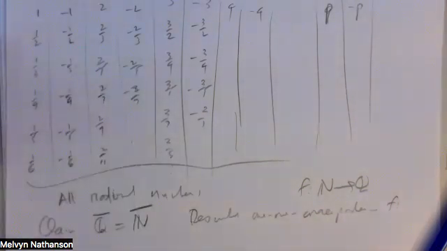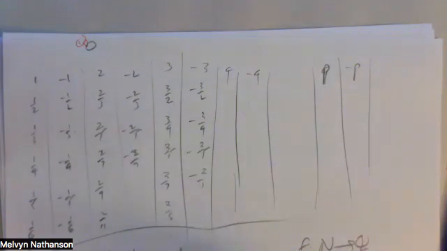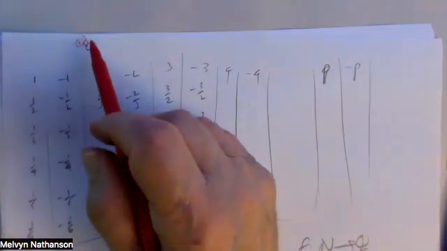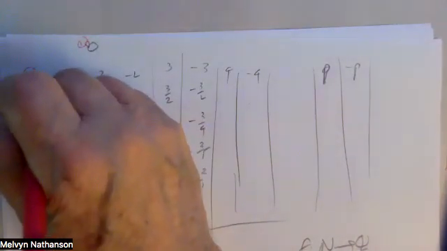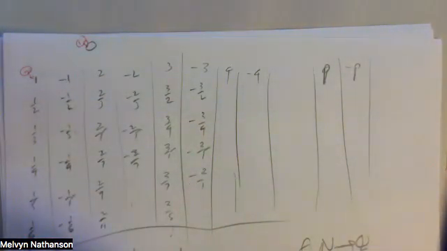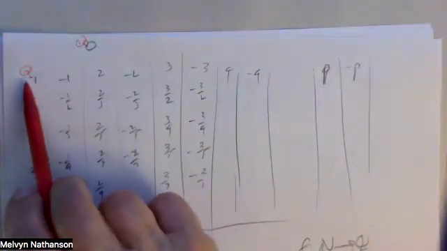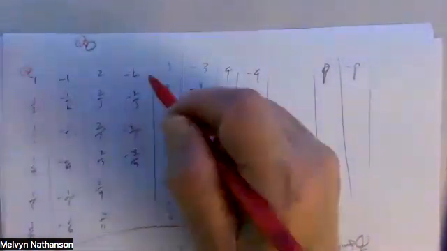So 1 is going to be mapped to 0, and I have to say where each positive integer is sent. 2 gets sent to 1. And actually, in this array I'm not going to go across rows or columns. I'm actually going to go along diagonals.